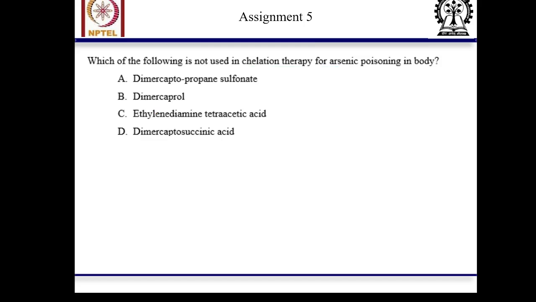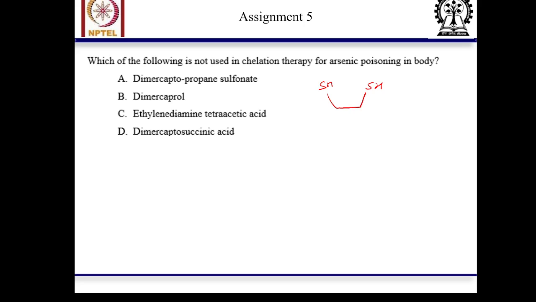Which of the following is not used in chelation therapy for arsenic poisoning? In arsenic poisoning, basically we use the 1,2-dithiol. So this is the main thing we use to bind the arsenic, like chelation will happen with mercapto compounds.